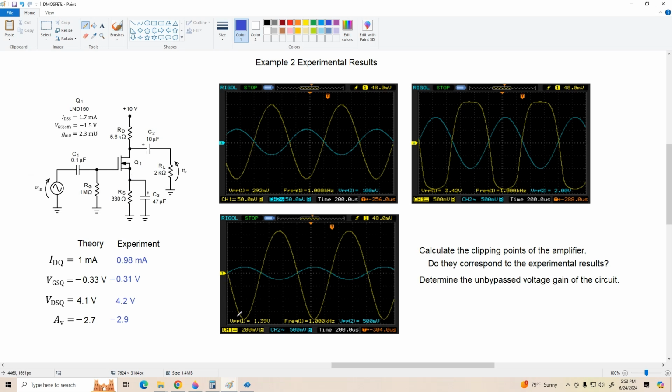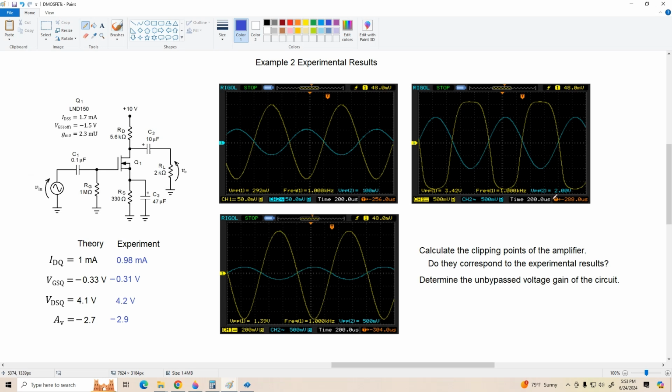That's an interesting topic that we're going to discuss in great detail in another video coming up soon. We'll compare this kind of distortion for all the devices, BJTs, JFETs, and MOSFETs.